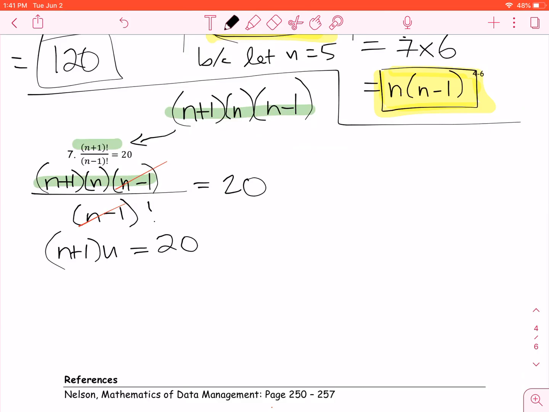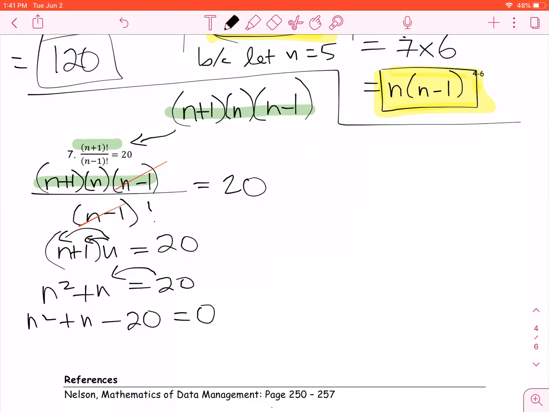What I can do here is apply the distributive property. I should have n squared plus n is equal to 20. I'm going to bring that 20 over to the left side, and I'm going to factor.